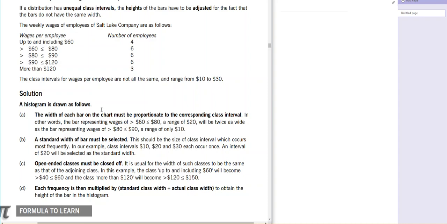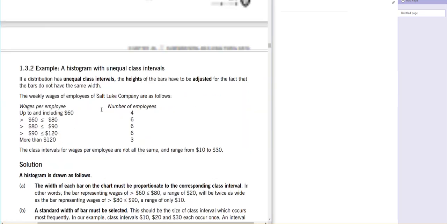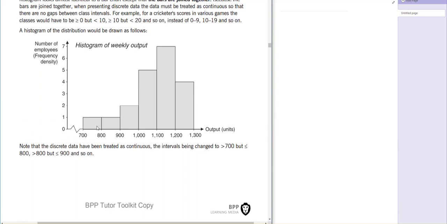Based on that width, we will increase or decrease the frequency. The width remains the same: if it is 100, it should be 100. If it is 50, it would be half. If it is 150, it would be a bit wider. So there is no problem there. The problem is we change the frequency depending on the width.